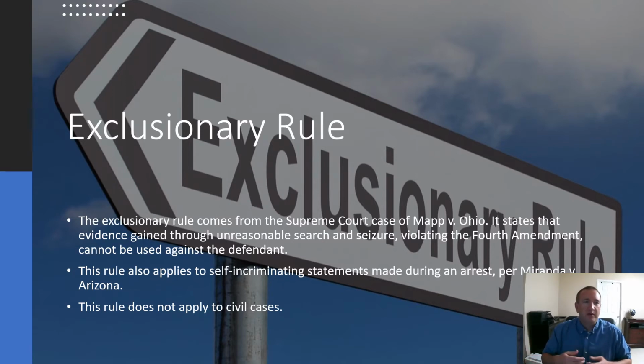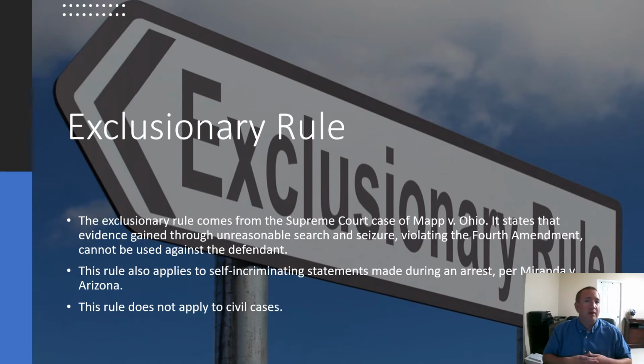You may be familiar with it from any cop show you've ever watched. When they arrest somebody, they say, "You have the right to remain silent. Anything you say can and will be used against you in a court of law." These are the Miranda rights that are read by the police officers when they arrest somebody, letting them know that they do not have to say anything. They do not have to answer incriminating questions. But after they've been read their Miranda rights and they are asked incriminating questions, those things can be used against them.